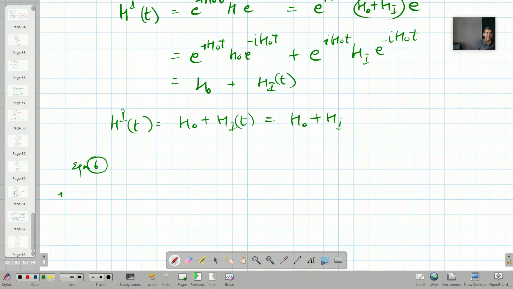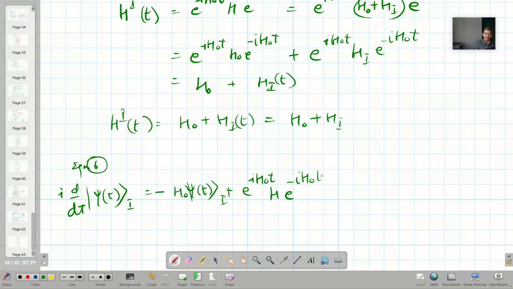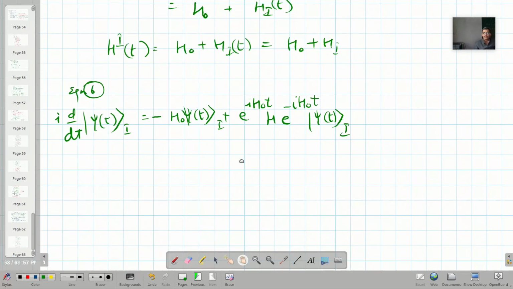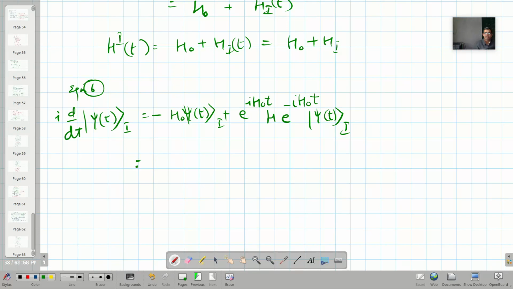I d upon dt psi t I is equal to minus h naught psi t I plus e raised to power iota h naught t h e raised to power minus iota h naught t and psi t I. So therefore let us put its value.